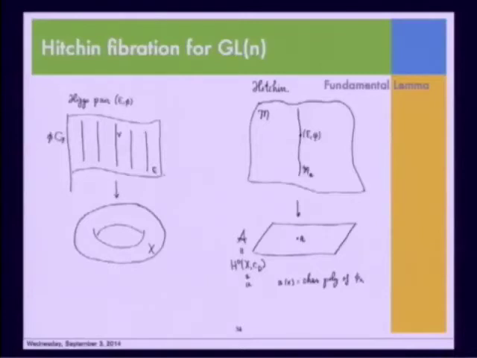So we're just fiber by fiber taking the characteristic polynomial, and that is the map from the total space of Higgs pairs down to the base. And so when I fix a point down below, I'm really fixing the characteristic polynomial. I'm fixing the stable conjugacy class of something.